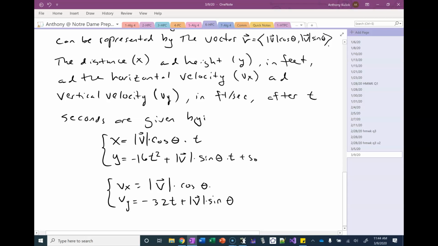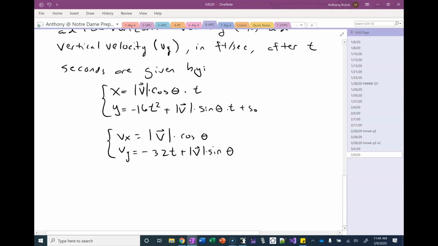Again, s naught represents the initial height of the object. So let's look at some examples here.